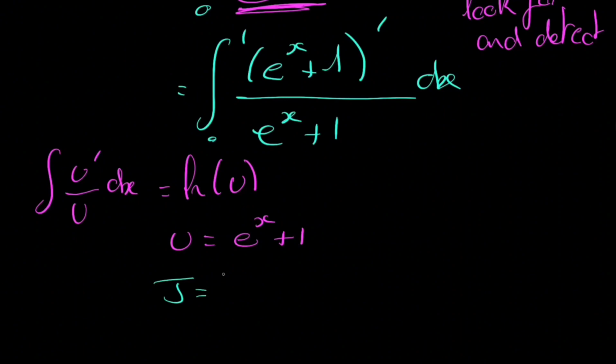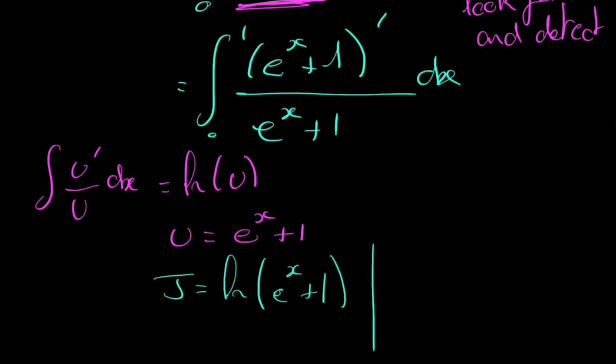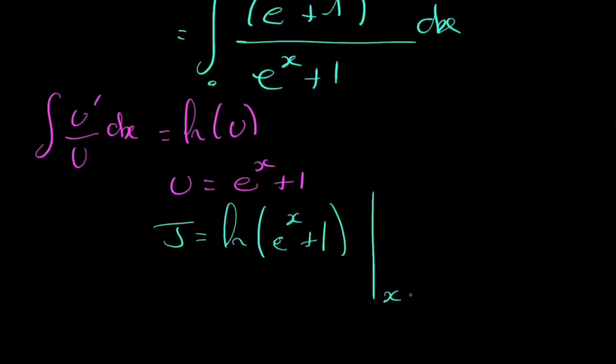And so J is equal to ln of exponential of x plus 1 taken between x equal 0 and x equal 1.